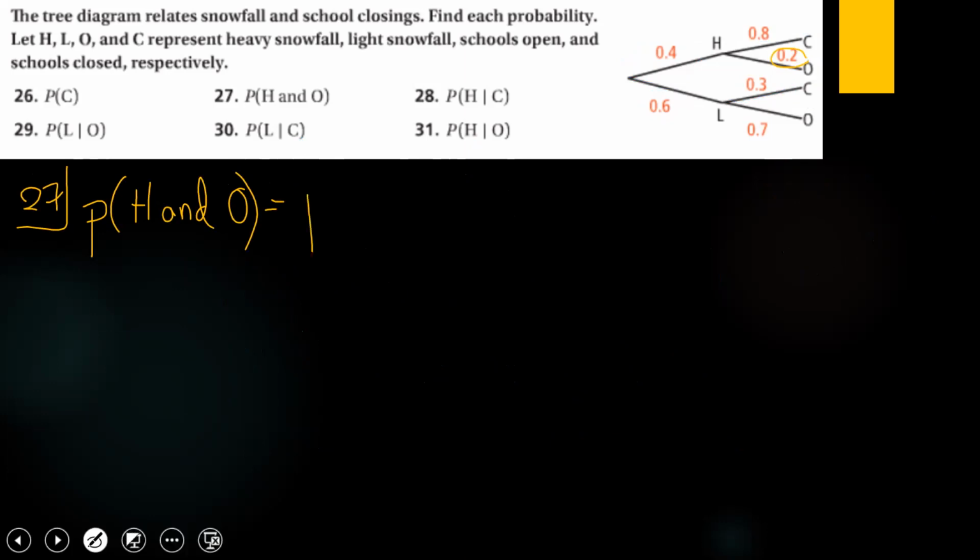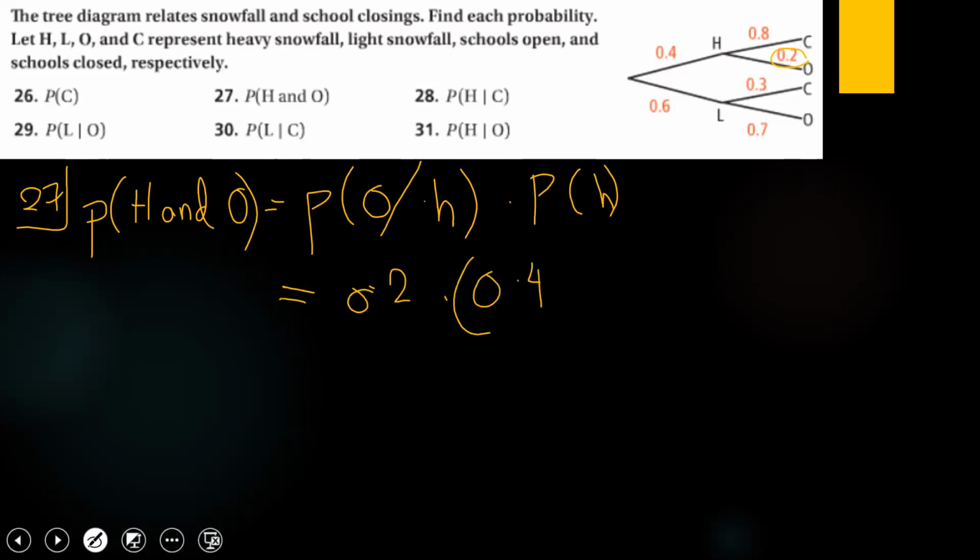So this 0.2 is the probability of open given that heavy, times the probability of heavy. The probability of open given heavy is 0.2, times the probability of heavy, 0.4. When you multiply them, you get 0.08, or 8%.